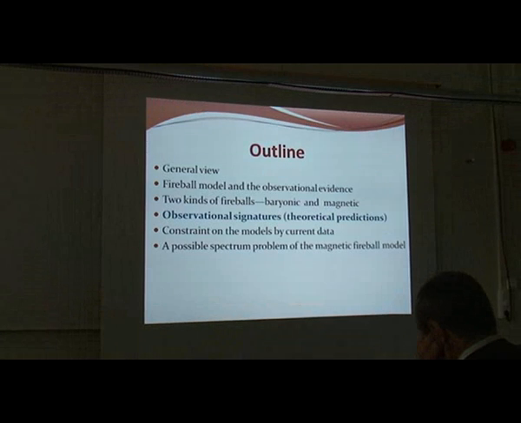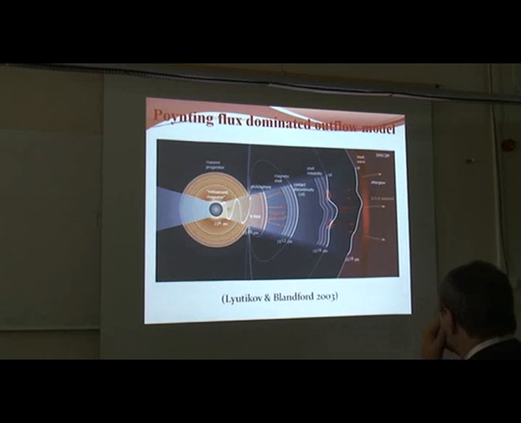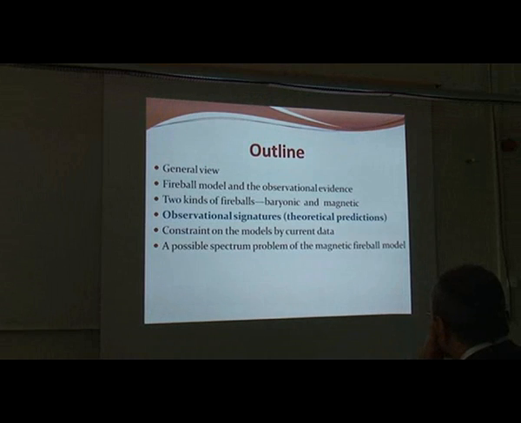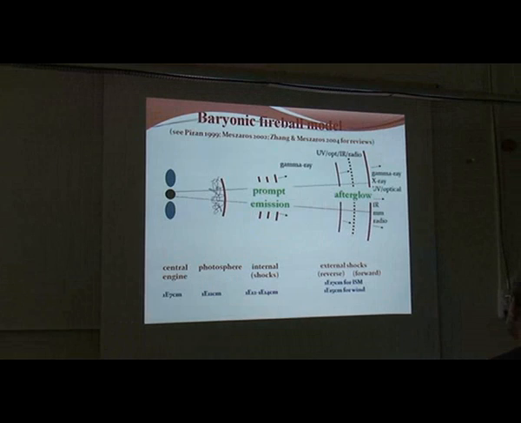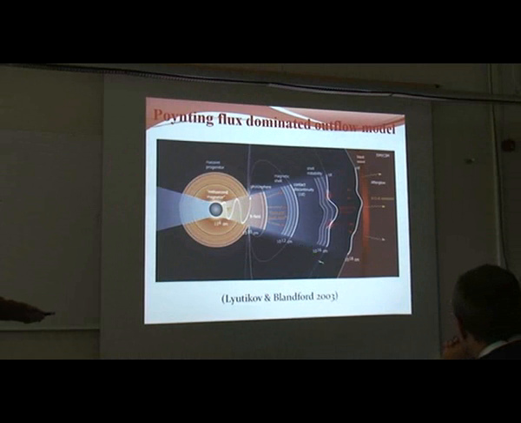Did they really require the central source to be a magnetar, or can't it be just accretion onto a black hole? This is just their picture. It could be a black hole surrounded by an accretion disk. This 10^16 centimeters, is it a generic prediction, or is it just possible to produce emission at larger radius? I think they have some arguments for such a parameter.